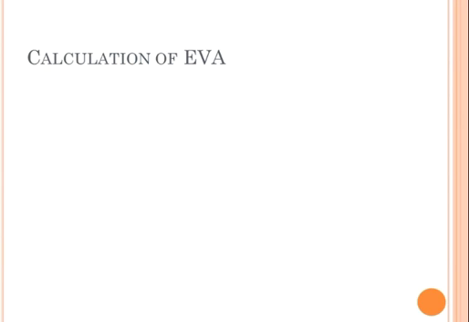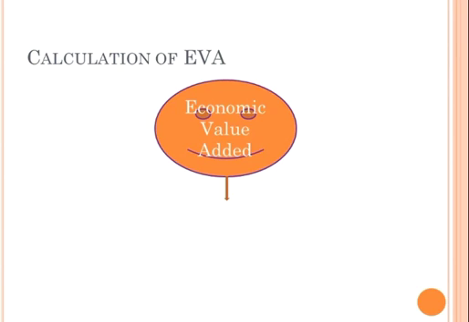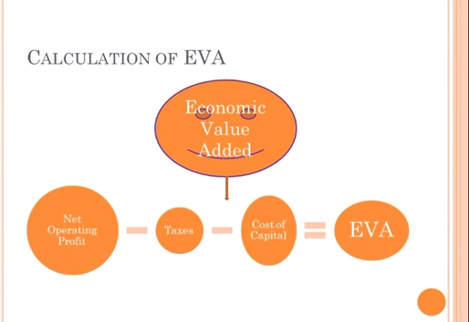Now if we want to calculate economic value added, what is the process? We calculate net operating profit. From net operating profit, we adjust taxes, and that becomes net operating profit after tax (NOPAT). After adjusting taxes, we have the cost of capital. This net operating profit after tax, we will calculate its present worth by using the cost of capital, which is the weighted average cost of capital.